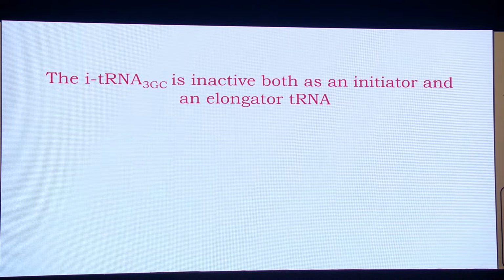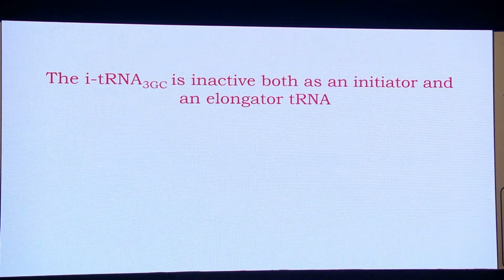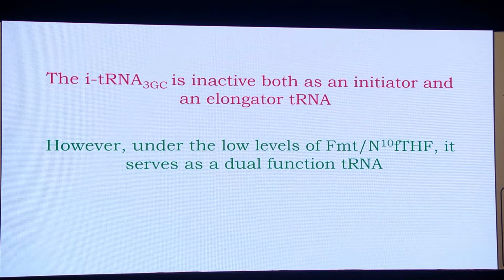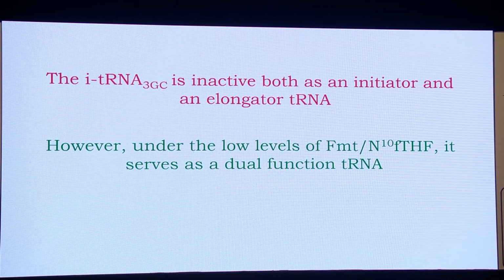So now the point here is that the original tRNA in the wild type background was inactive both as initiator as well as elongator. Under the levels of low FMT or N10-formyl tetrahydrofolate, this mutant tRNA, which was inactive altogether, can now serve a dual function. It can participate at elongation and initiation.